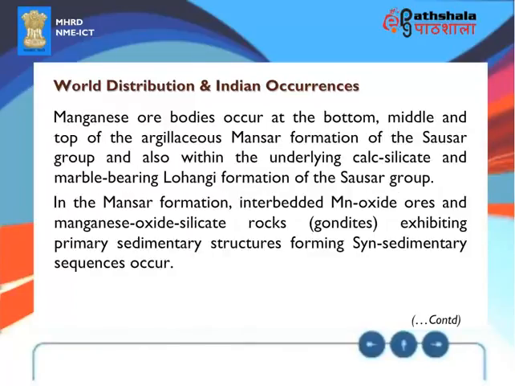Manganese ore bodies occur at the bottom, middle, and top of the argillaceous Mansar formation of the Sausar group, and also within the underlying calc-silicate and marble-bearing Lohangi formation of the Sausar group. In the Mansar formation, interbedded manganese oxide ores and manganese oxide silicate rocks, gondites, exhibiting primary sedimentary structures forming syn-sedimentary sequences occur.